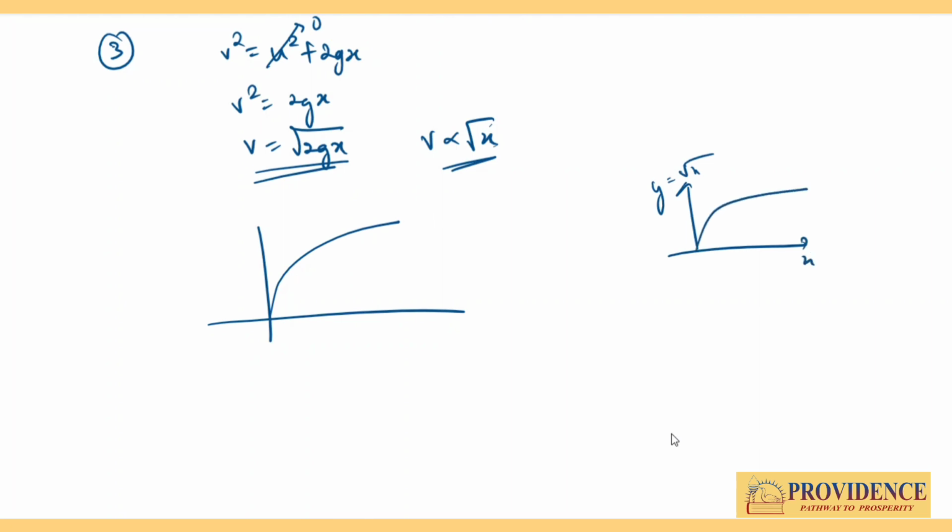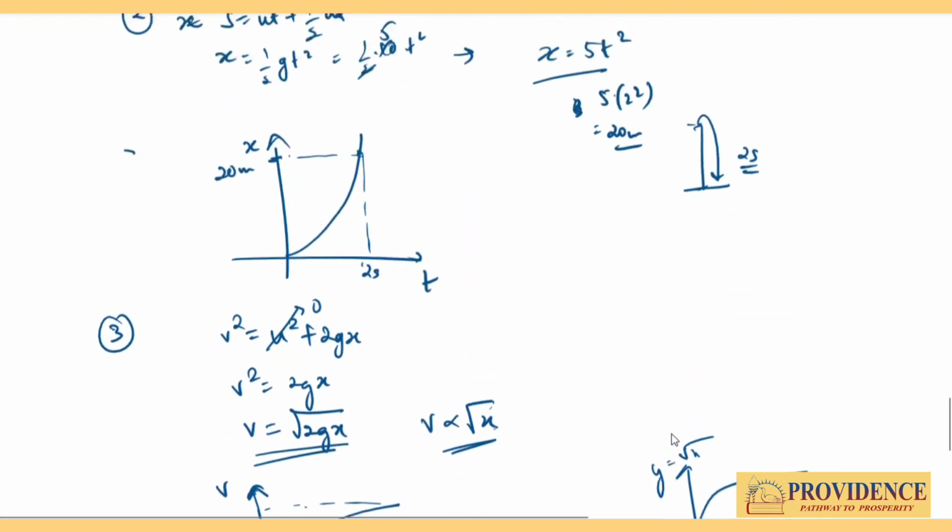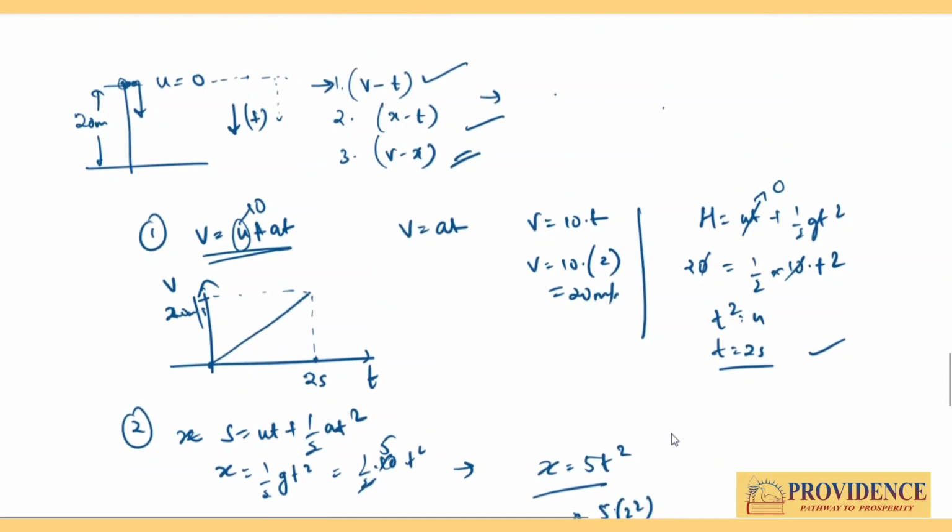Since we are getting v equals root over of 2gx, it should be something like this, and the value of x should be running till how much? Because this is v versus x, what should be the velocity if we put x equal to 20 meter? We already know the value: when it is going to strike, we calculated the velocity.